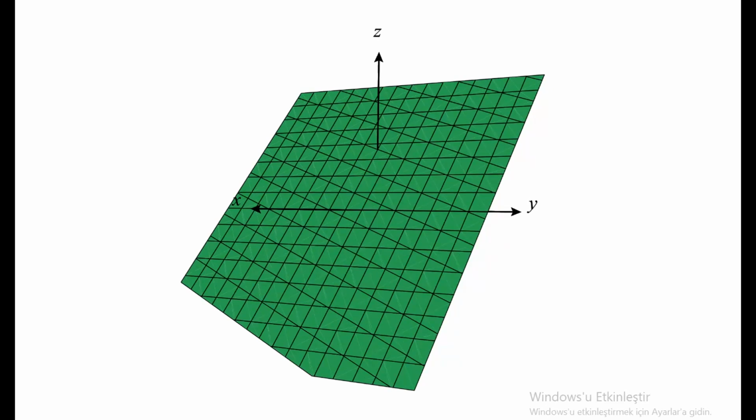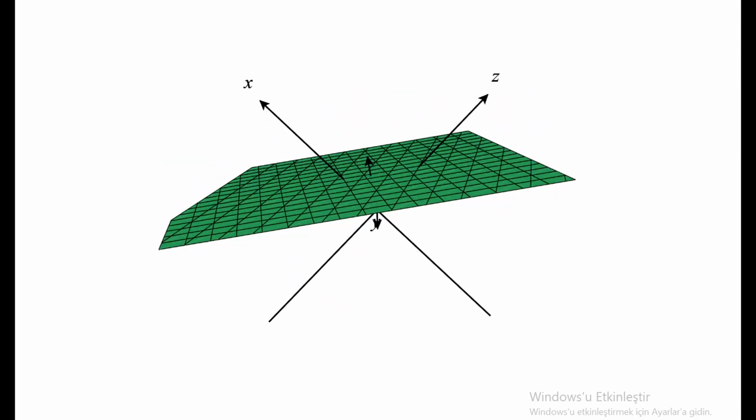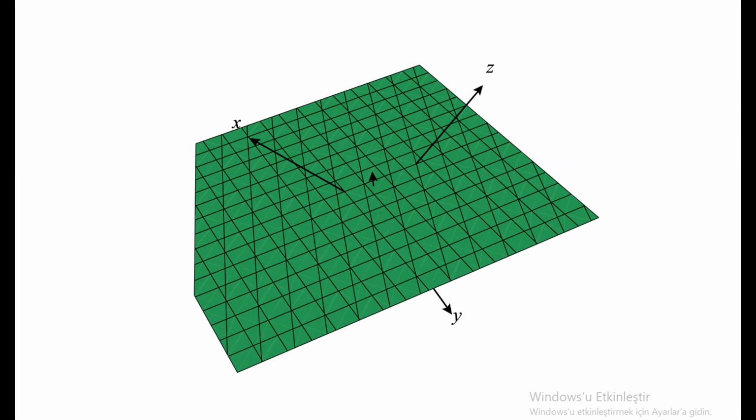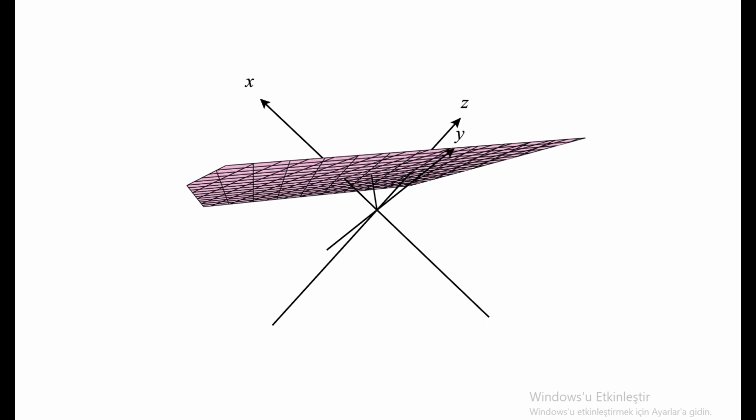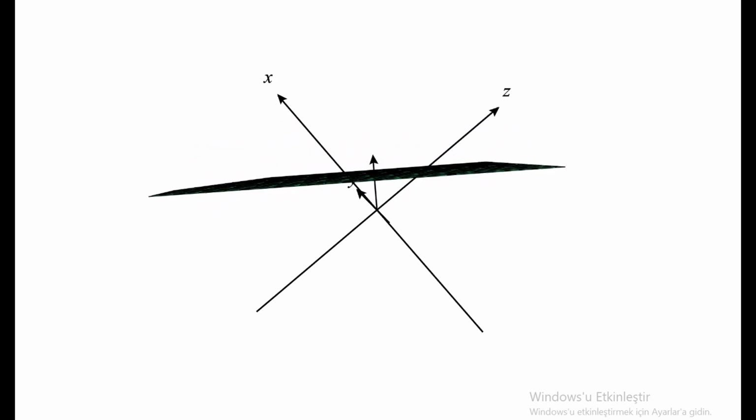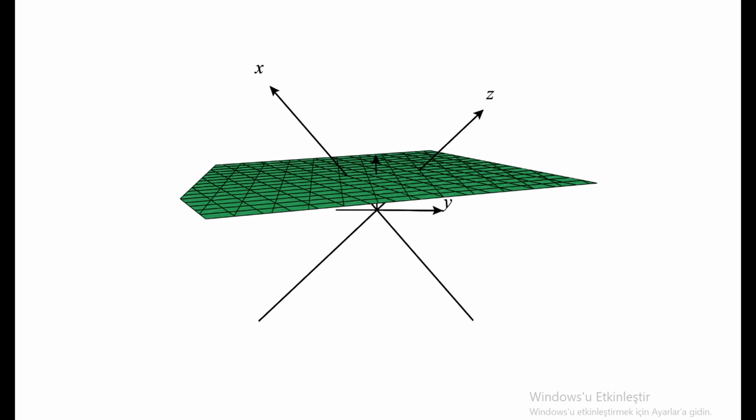But actually, how about the normal vector? This is the normal vector. Which one? Okay, let me show that.